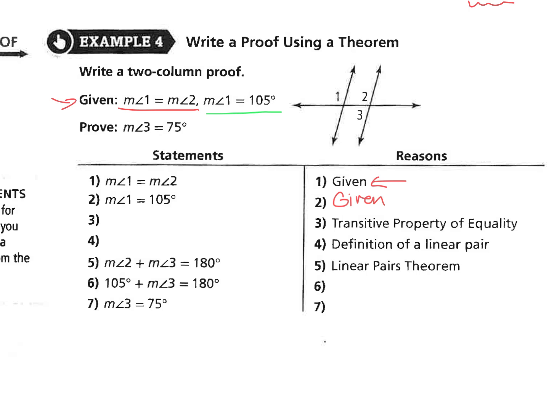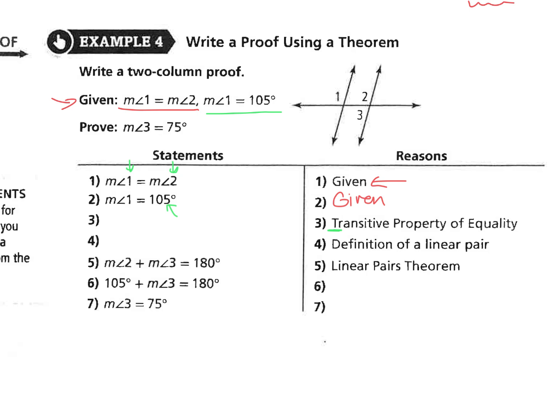Next we have transitive property. Now remember, we've talked about transitive. Transitive is like substitution. The only difference is transitive has, remember the T, three things. So we have three things here: 1, 2, and then 105.